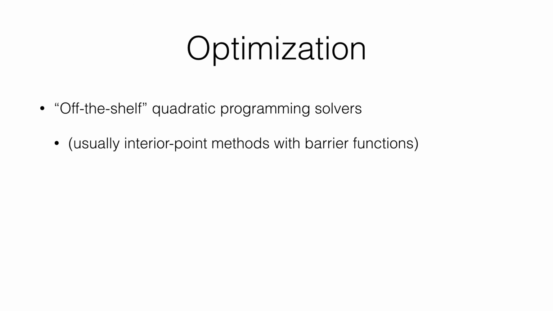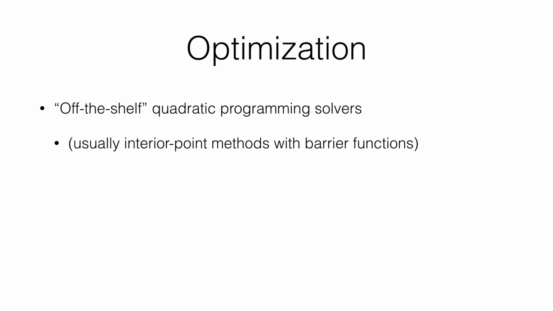And these software packages usually use interior point methods with barrier functions, right? Just like I talked about in the video about optimization. Some of them use other approaches, but most of them, for quadratic programs anyway, use interior point methods.